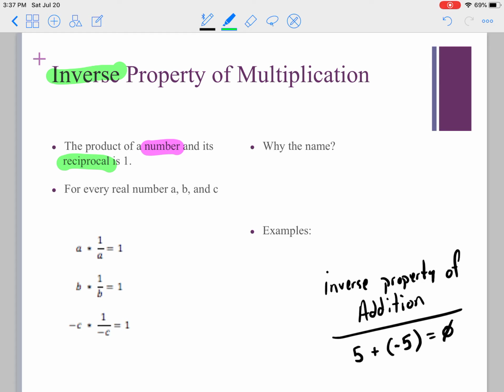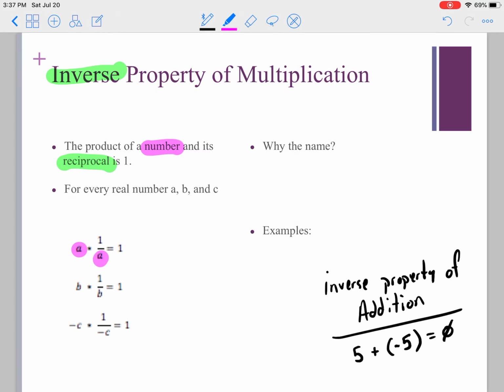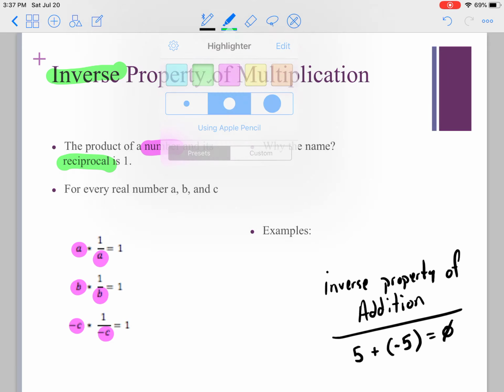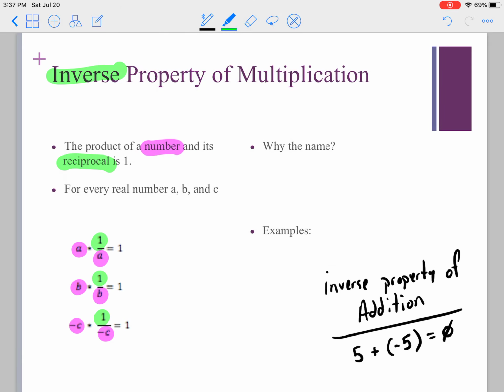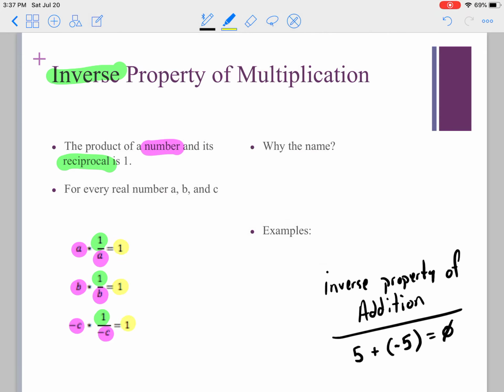So whenever you see, in general, a number that is multiplied by its reciprocal, the answer will always equal 1.